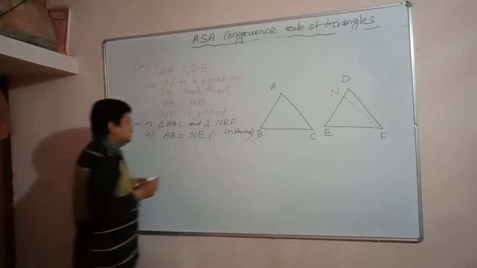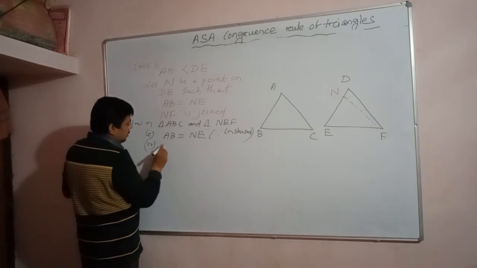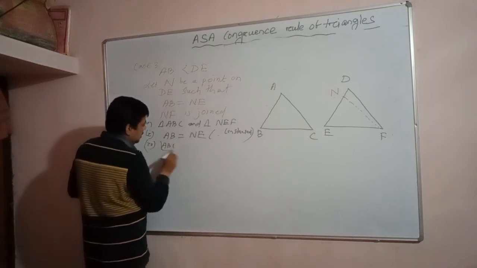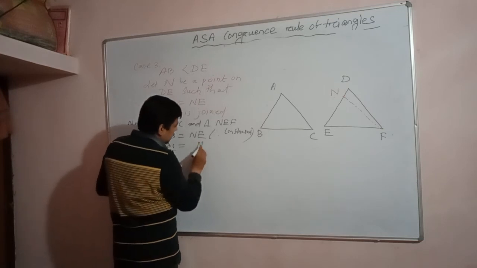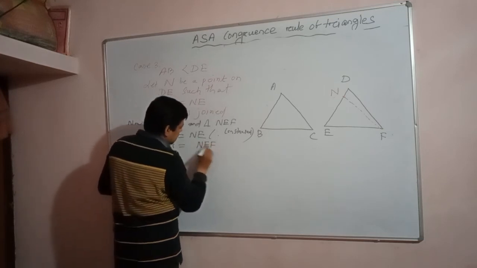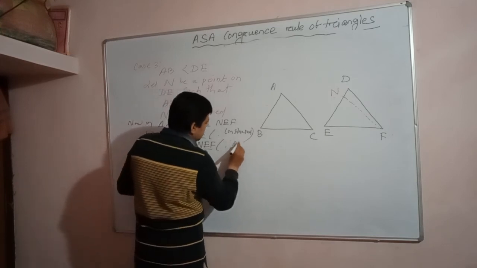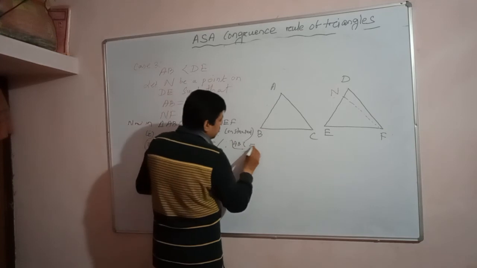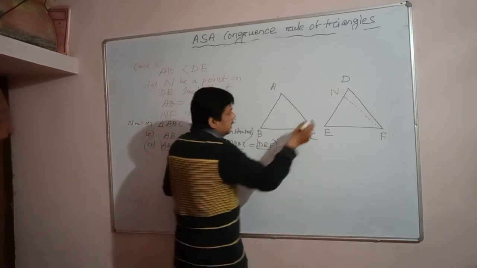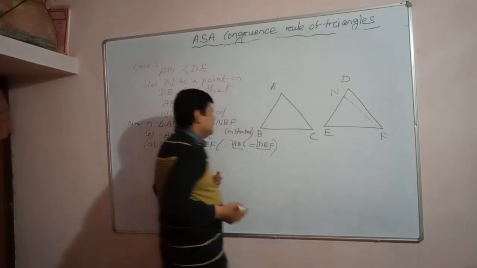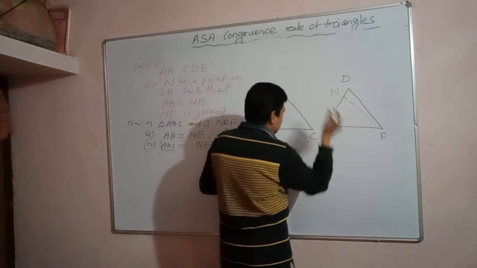It is constructed, right? Second, you see now, angle ABC is equal to angle NEF. Why? Because angle ABC is equal to angle DEF, and angle DEF is the same as angle NEF.